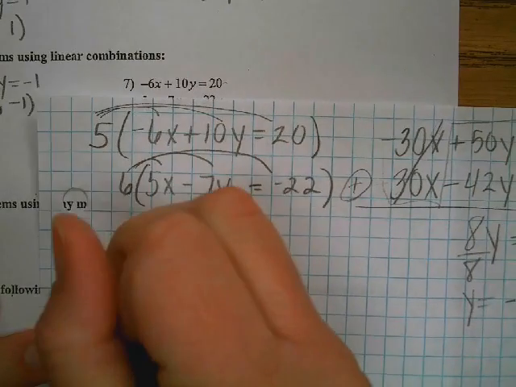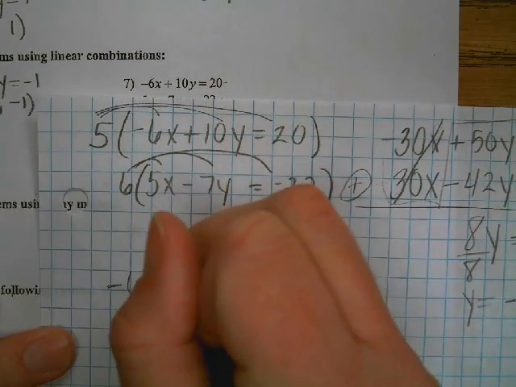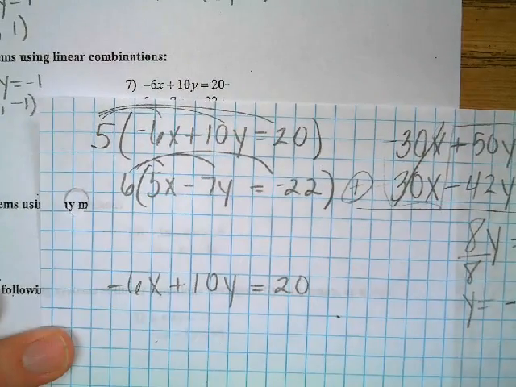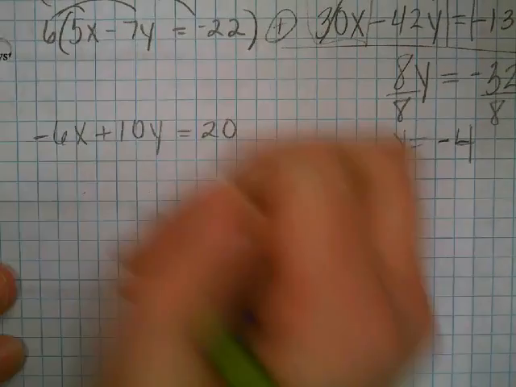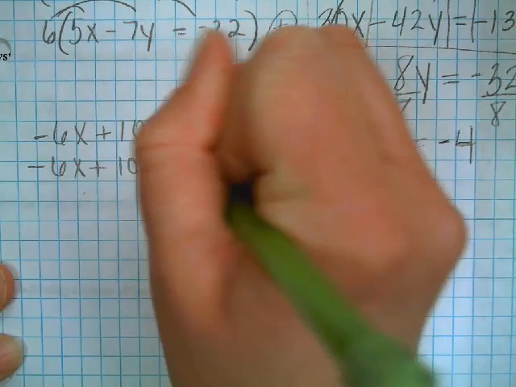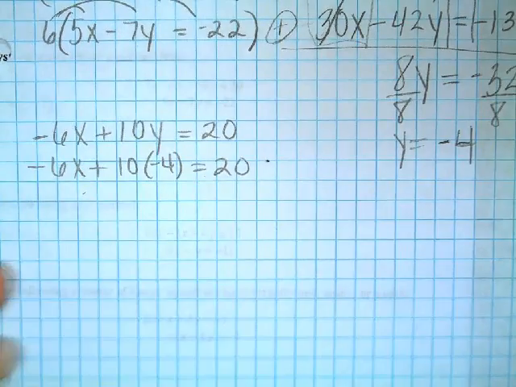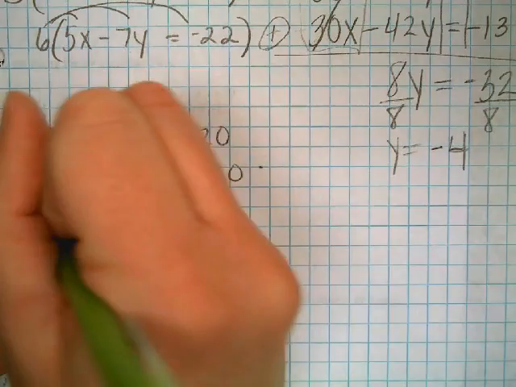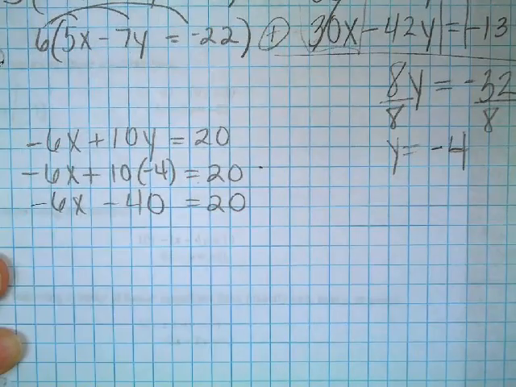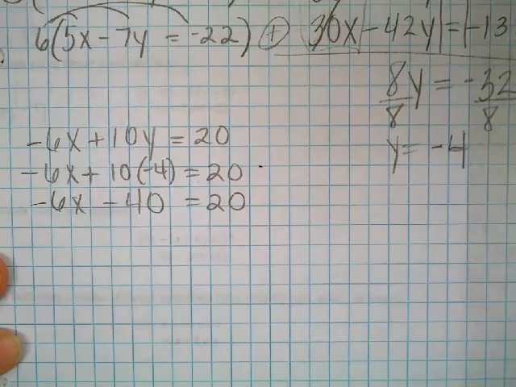I usually just pick the first equation, but you'll get the same answer even if you do the bottom one. Now I'm going to plug in y is negative 4. So I have negative 6x plus 10 times negative 4 equals 20. That simplifies to negative 6x minus 40 equals 20.